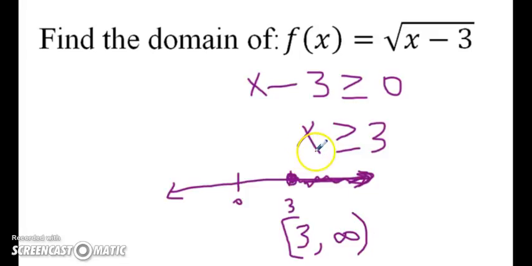If this were the interval x is greater than 3 and not including 3, we would use a parentheses instead of the bracket. I'll go into this more as we progress. So to express this, we say the domain is the interval from 3 to positive infinity.